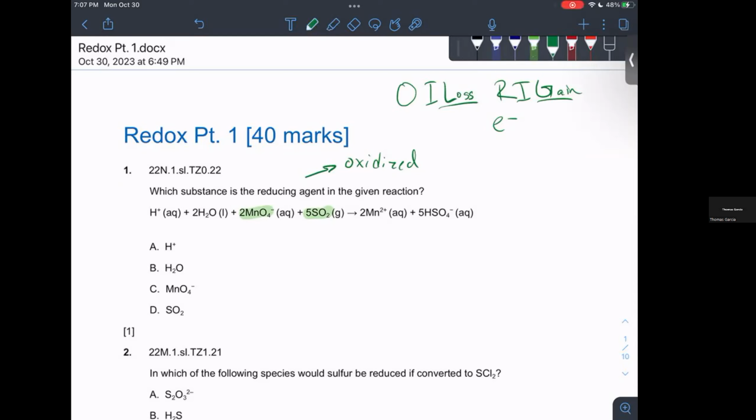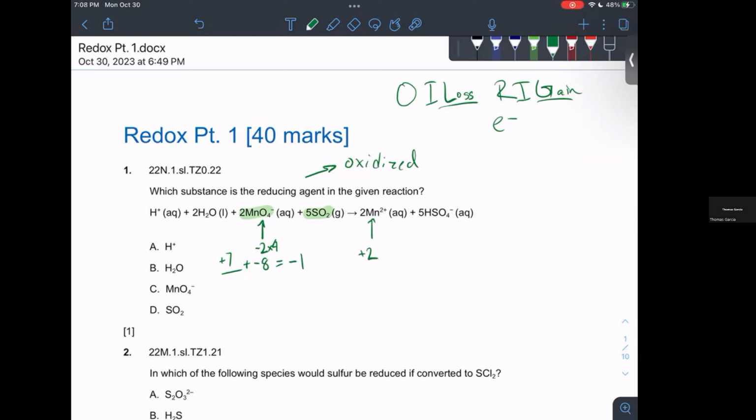So let's start with manganese because it's first. In MnO4 minus, each oxygen contributes a -2 for a total of -8 because there are 4 oxygens. The overall charge of this is a -1. Therefore, what number plus -8 is -1? A +7. So manganese goes from +7 to a +2.